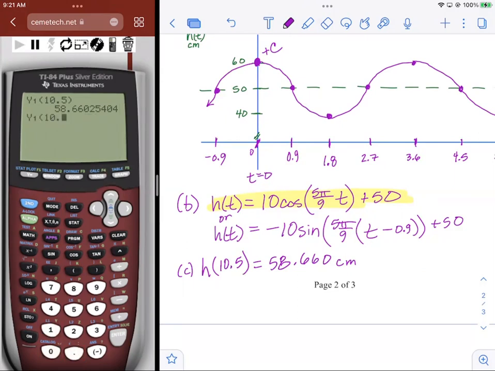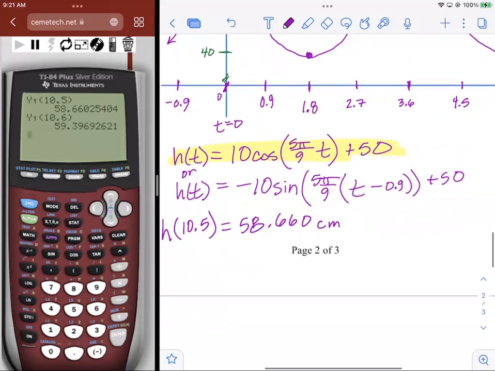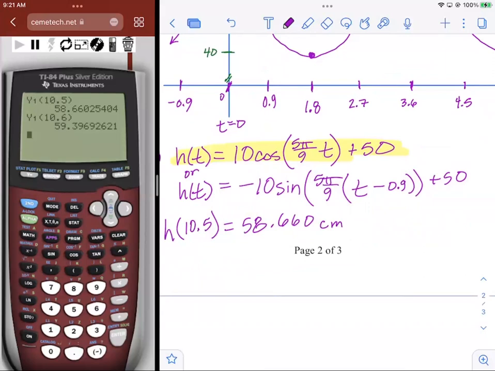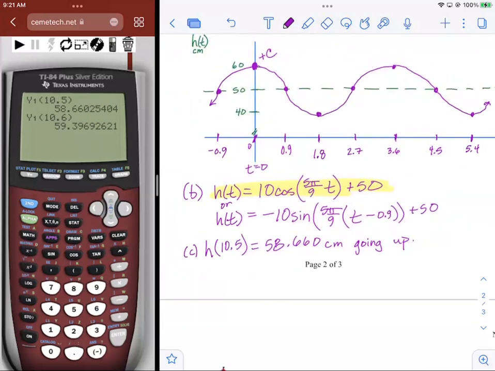I say like a tenth would be good. So where is it a tenth of a second later? It's a bit higher, right? So we can say 58.660 centimeters moving, yeah, going up would be fine. Going up. Or you could say moving away from the floor, right? They mean the same thing. Going up.